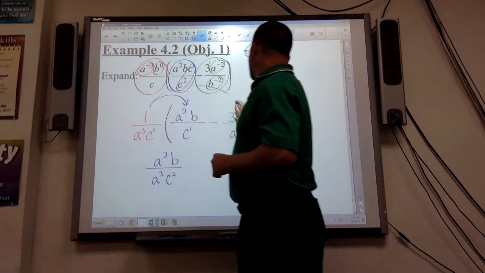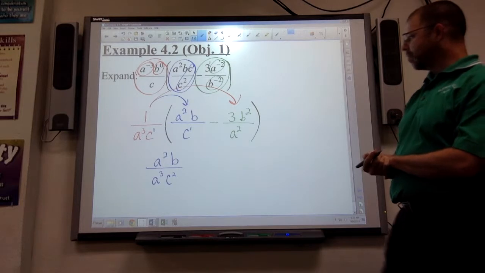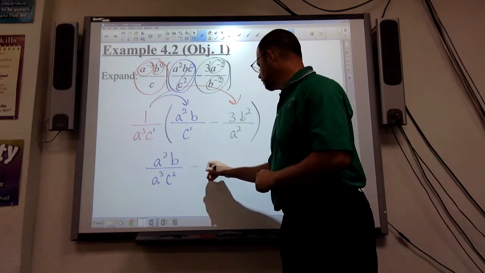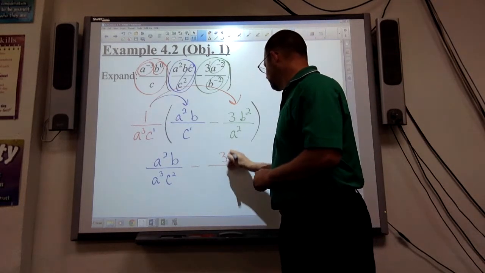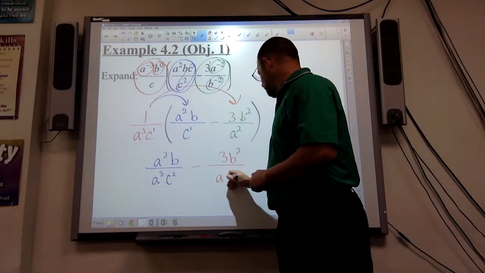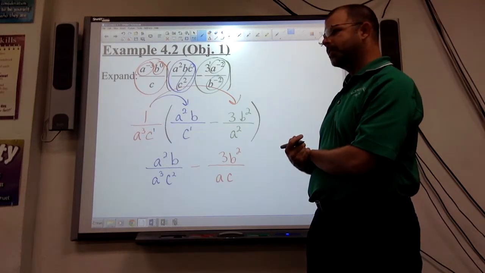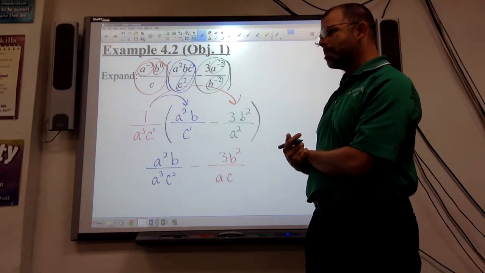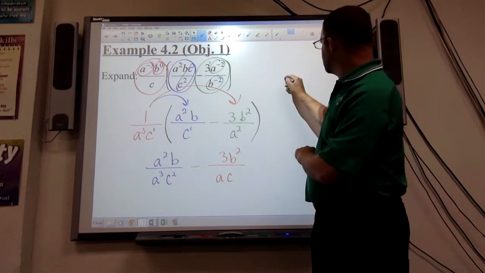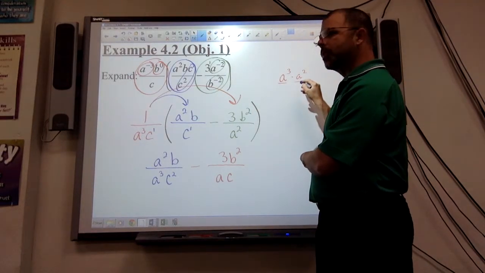All right, getting back to Alex. What do you get if you multiply 1 over A cubed C times negative 3 over B squared over A squared? B squared over A 6 C. Okay. You said A to the 6th. I'm not going to write that down because it's not right. Try again. We're multiplying A cubed times A squared.